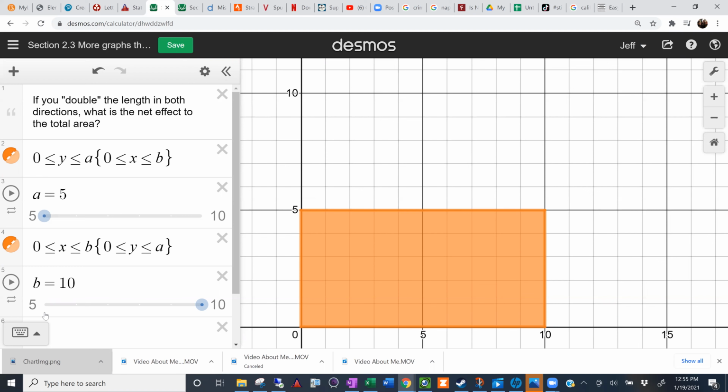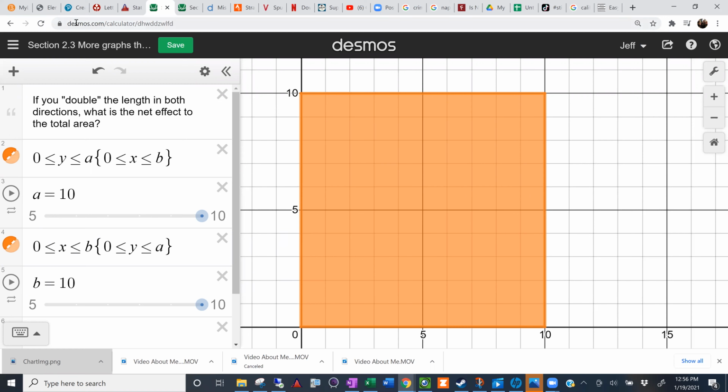But the problem is they doubled things in both dimensions. They doubled the width and they doubled the length. So if I double the width, which I already did, and I double the height up there, how does this new shaded area compare to what we started out with? How many times bigger is it now than what it was? 4. Yeah, it's 4 times as big because you doubled 2 dimensions.